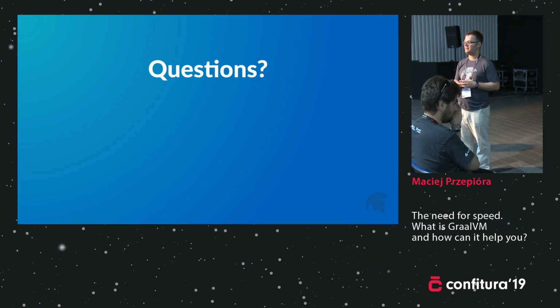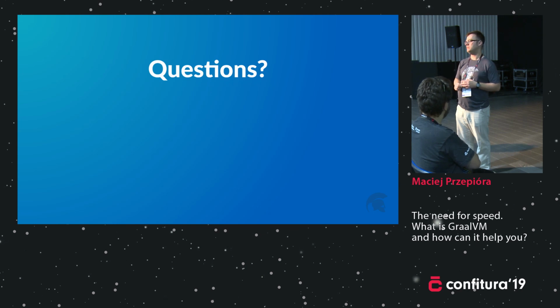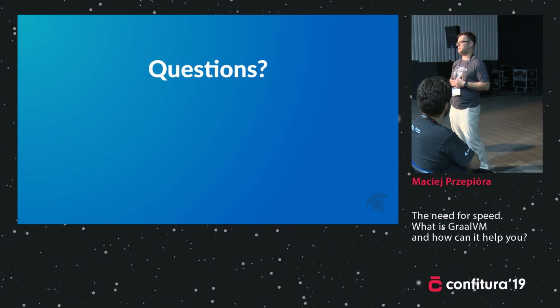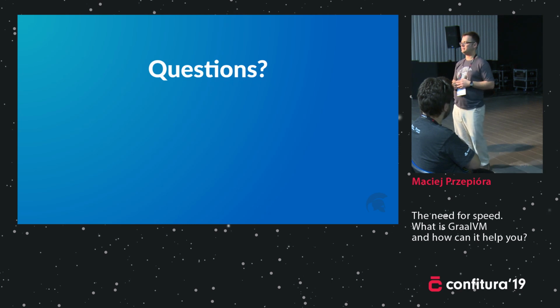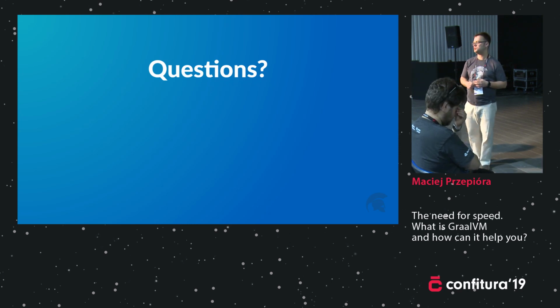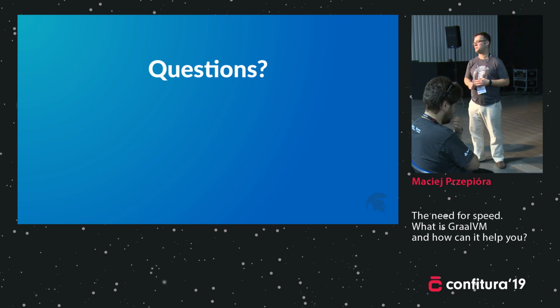And I'm wondering if there is something that can be hard to switch, I mean, if there are some incompatibilities or something like that. Not that I'm aware of. You can just take existing code, run it, and it should be fine. Yes, and it should be faster. That's the basic premise. Okay, cool.